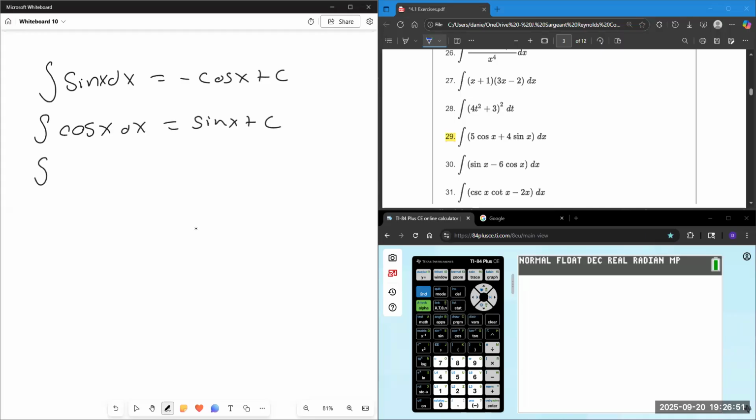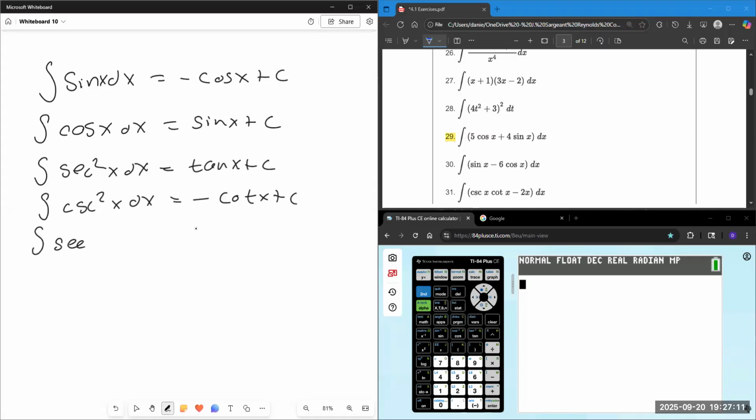The integral of secant squared x dx is tangent of x plus c. The integral of cosecant squared x dx is a negative cotangent of x plus c. The integral of secant x tangent x dx is secant x plus c.